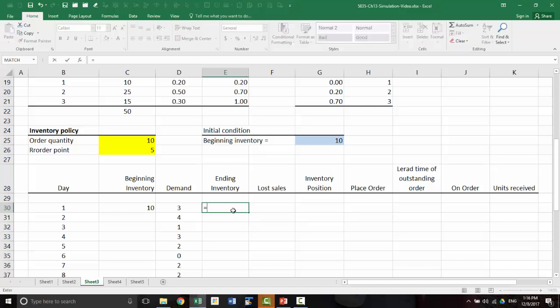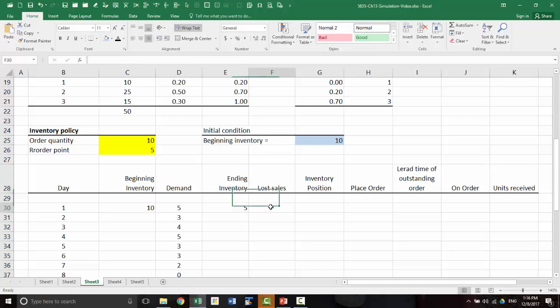So what we really need is max of 0 or the beginning inventory of the day minus the demand. So now if the beginning inventory is smaller than demand, then ending inventory will be 0.